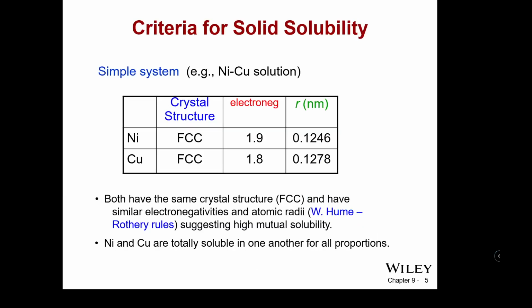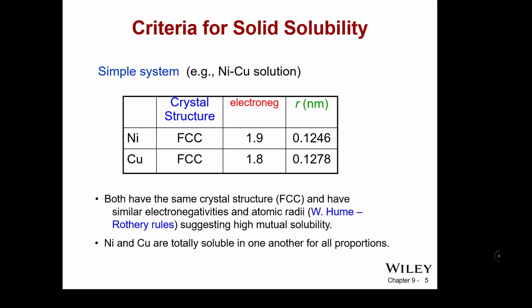So for solid solubilities, there's a way that we can think of this a little bit simply, and there's a relationship with electronegativity and the radius of the materials. So what does all of that look like? Both have the same crystal structure and have similar electronegativities and atomic radii. So these are referred to as Hume-Rothery rules, suggesting a high mutual solubility.